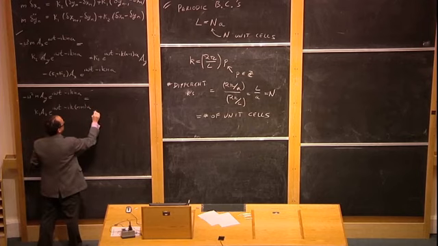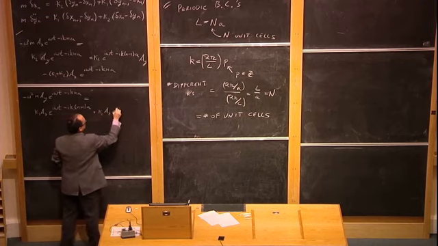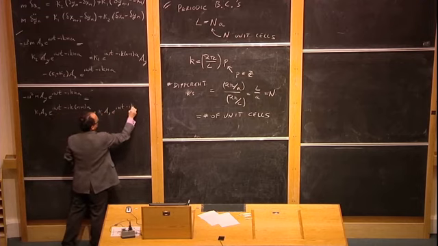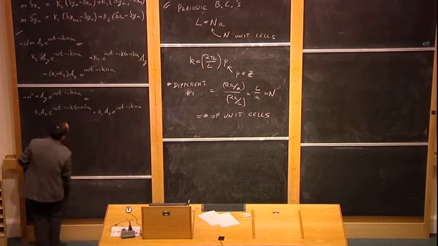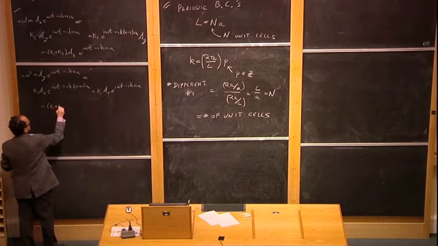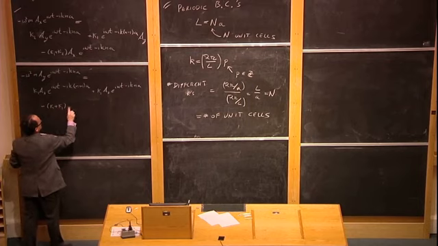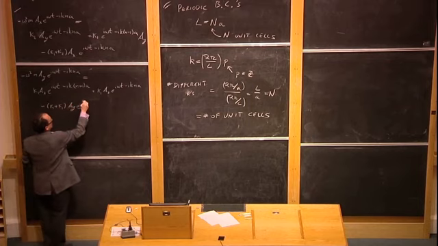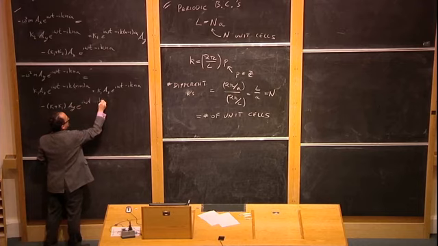And then we have plus kappa 2 a_x e^(i omega t minus i k n a), and then the two y terms, minus kappa 1 plus kappa 2, a_y e^(i omega t minus i k n a).